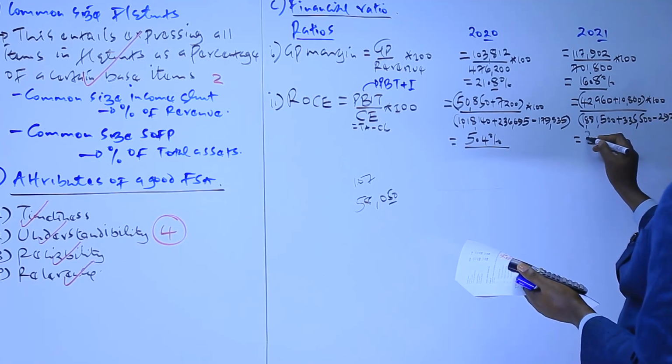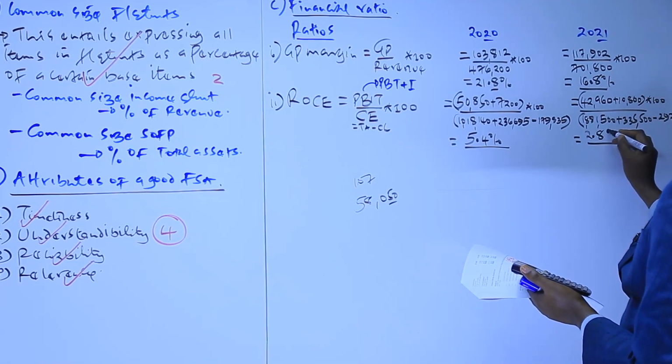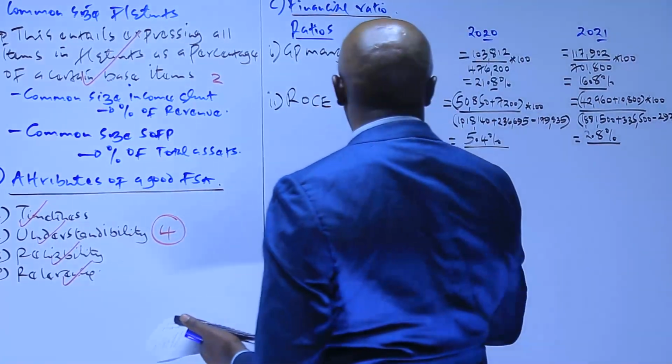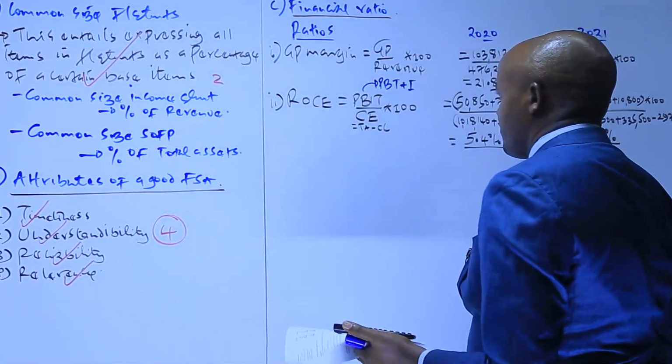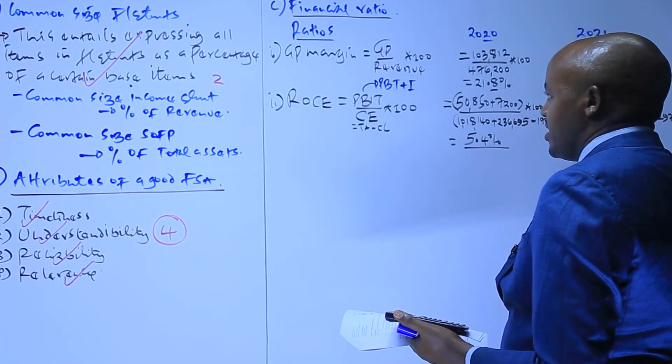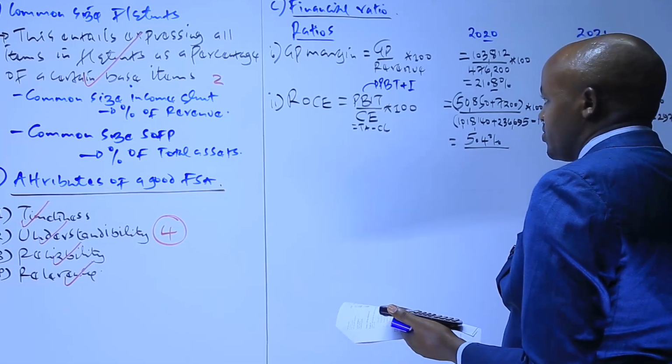That will give us 2.8%. So that's how we compute that figure for the return on capital employed.